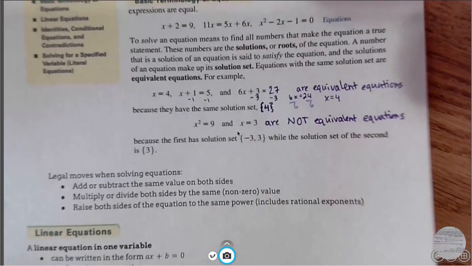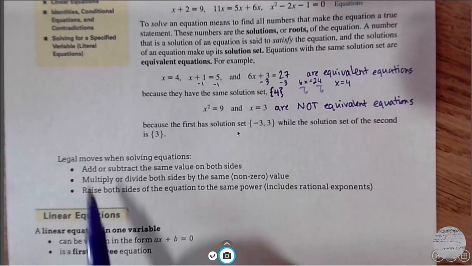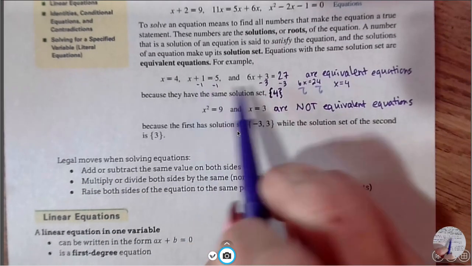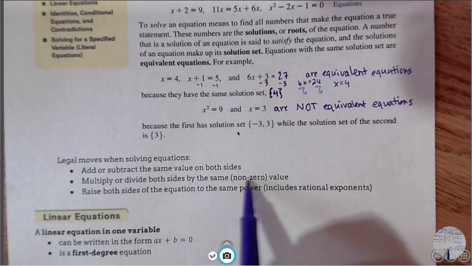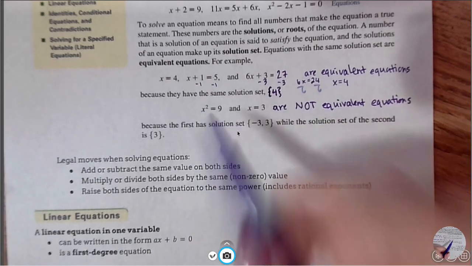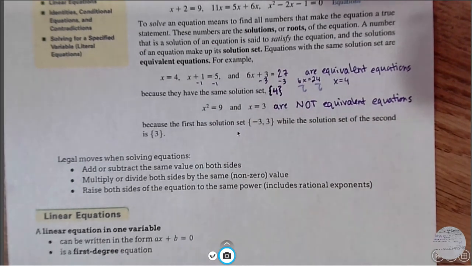There are some legal moves that we can follow when we are solving equations. We can add or subtract the same value on both sides, like we did on these 2 equations. We can multiply or divide both sides by the same non-zero value, like we did here, divide by 6. And then on this one, we can raise both sides to the same power, which includes rational exponents.